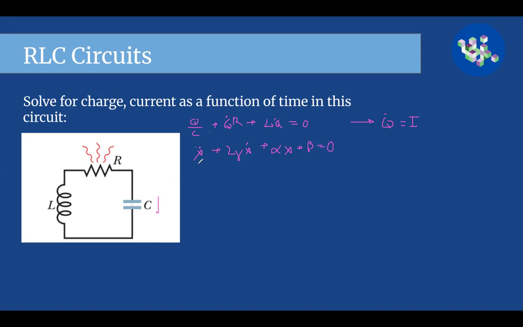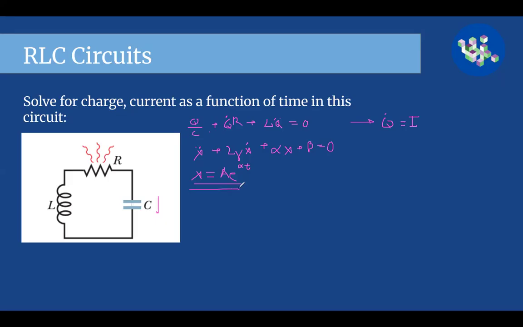This is a bit like cheating, but I'll guess a solution x equals A times e to the alpha t, and you'll see that it turns out to be the correct solution. Once you know the solution, you know this is correct.